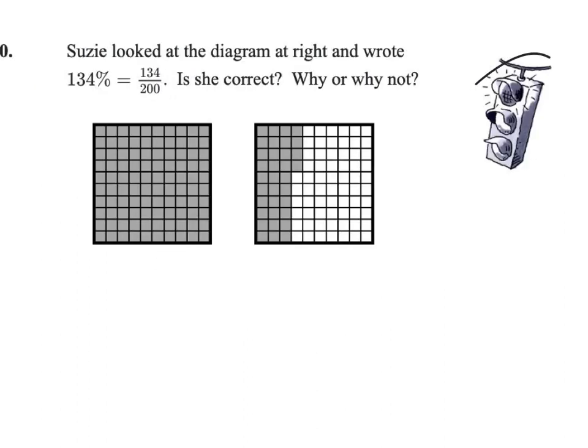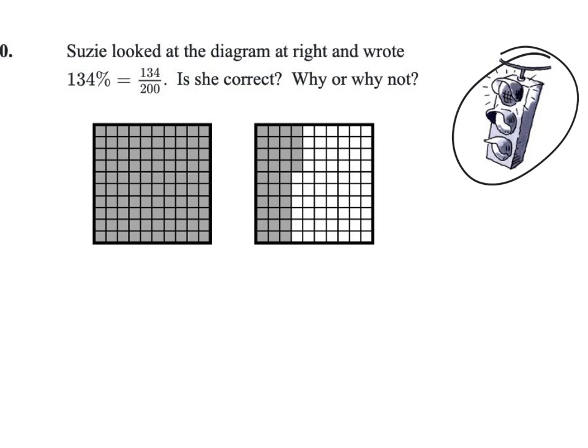Okay, whenever we see a stoplight, that means that a mistake has been made and we need to figure out what the mistake is. So Susie looked at the diagram below and wrote 134% equals 134 out of 200. Is she correct? Why or why not?